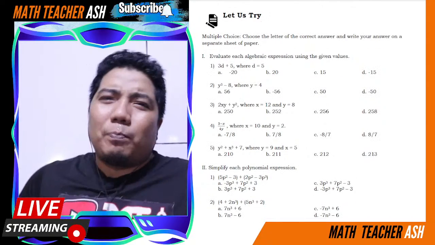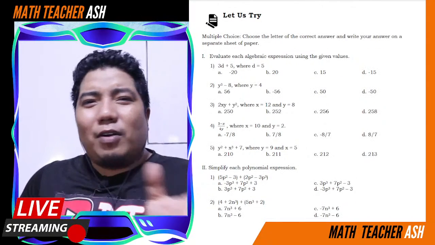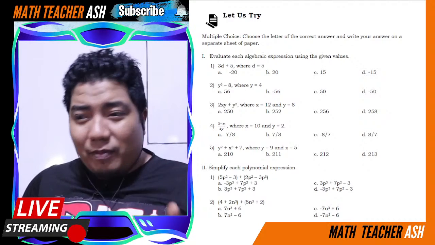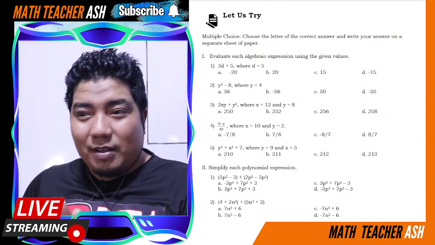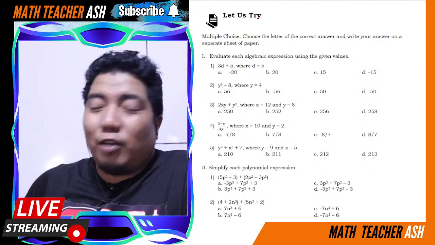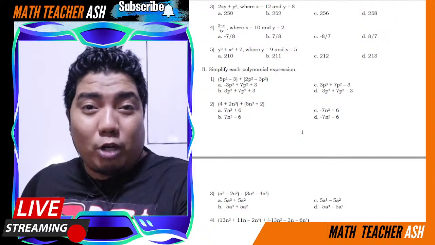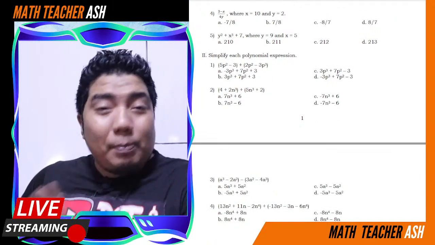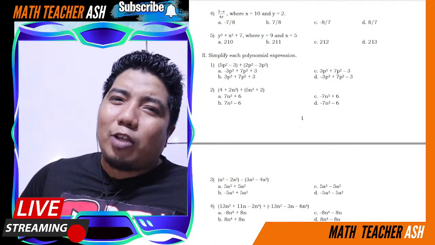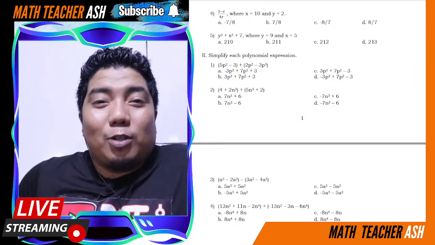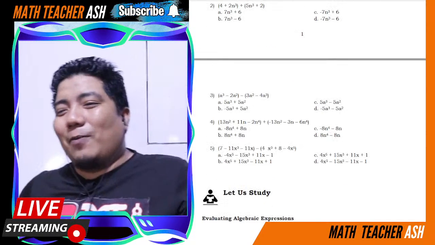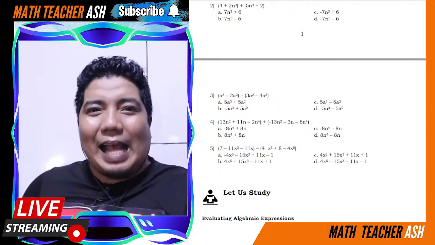Okay? So, this is still a multiple choice item. So, test 1 is 5 items about evaluation of algebraic expression. And then test 2 is the simplification of polynomials. ABCD pa rin yan. So, kung ano yun lang yung kaya nyo, my dear math learners, just do it. Okay? Kung ano lang yun. So, no pressure, just answer what you can.